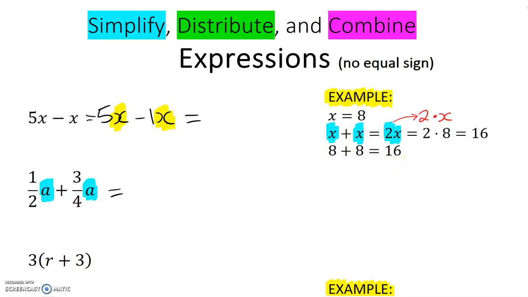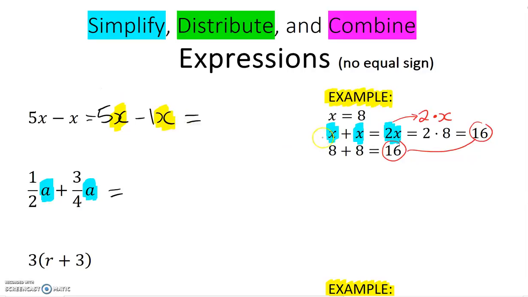So what you can see is that you get the same answer whether you first combine like terms and get 2x and then plug in the 8, or you just plug the number right into the variable. Now, that being said, we are in a position right here with 5x minus 1x.